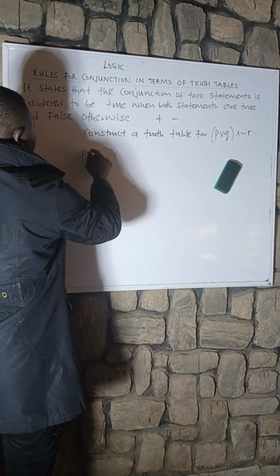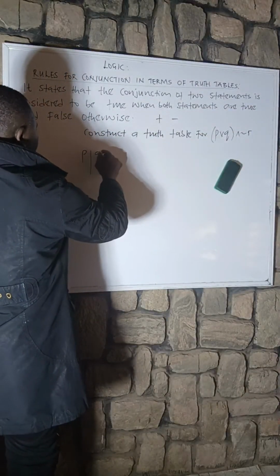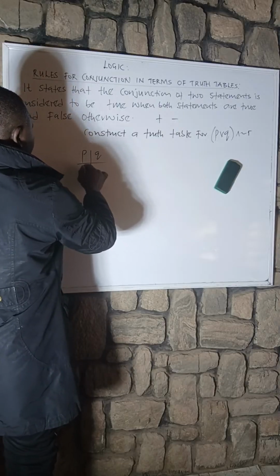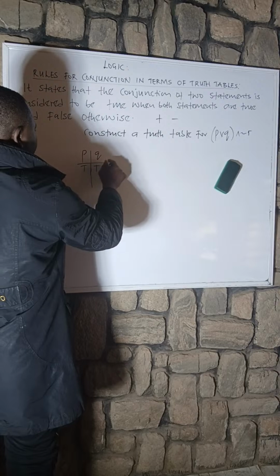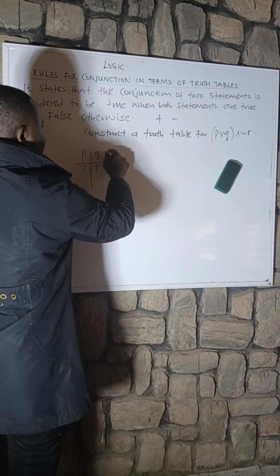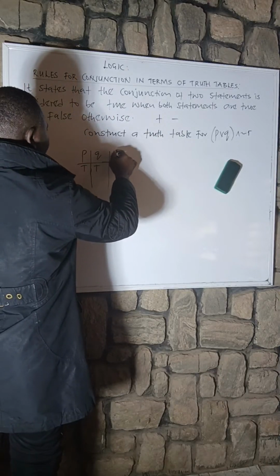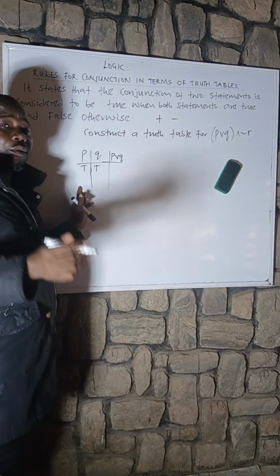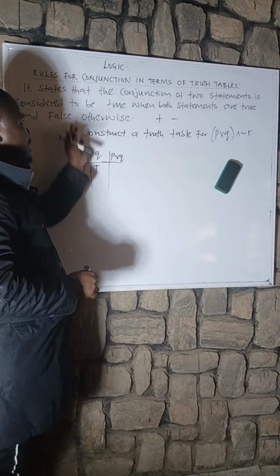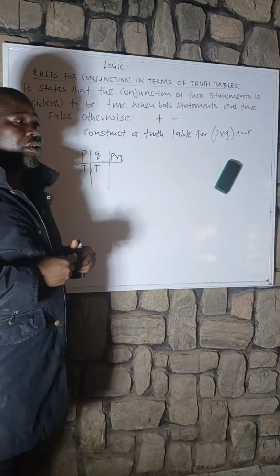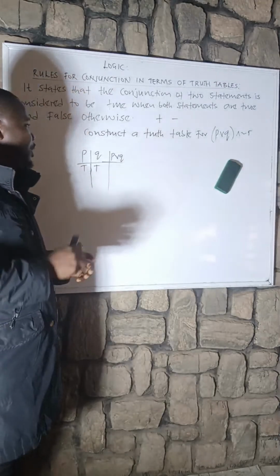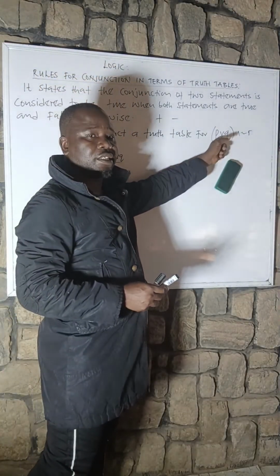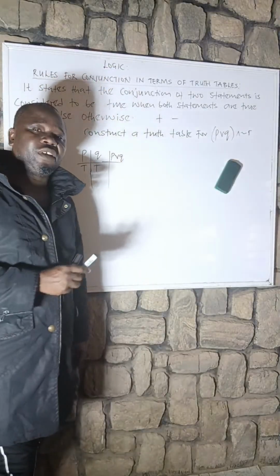It means, assuming we have P and Q, and both are T, then the conjunction of P and Q. I want to break down this rule so that you understand it better, so that when we are preparing this truth table, you will not find it difficult.